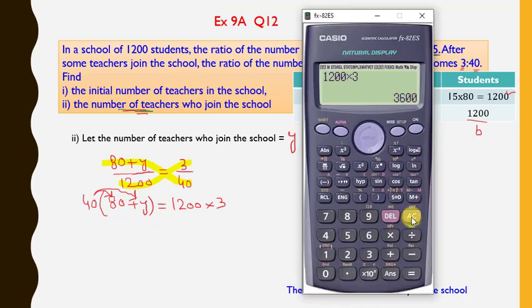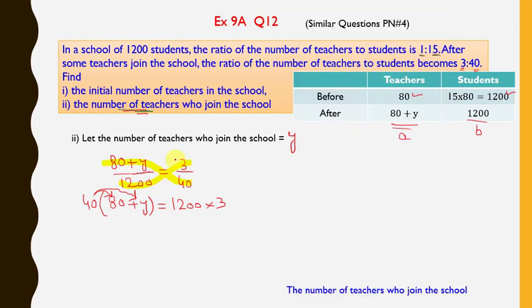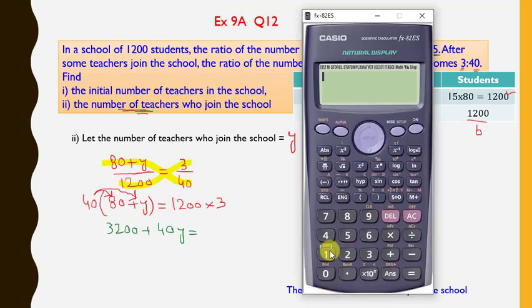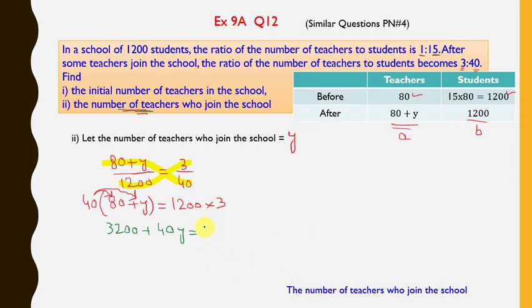So let's do some calculation. We have 40 into 80, and that is 3200, and 40 into y, that is 40y, and 1200 into 3, we have 3600 over here.